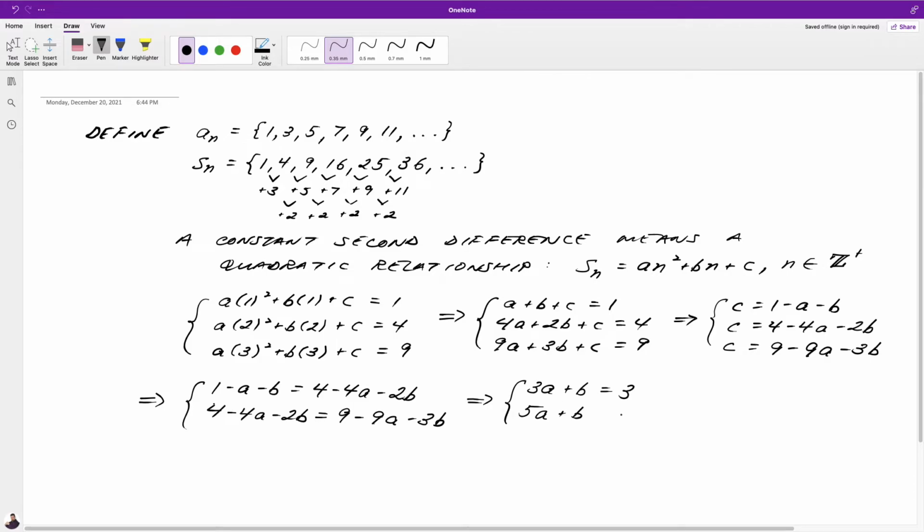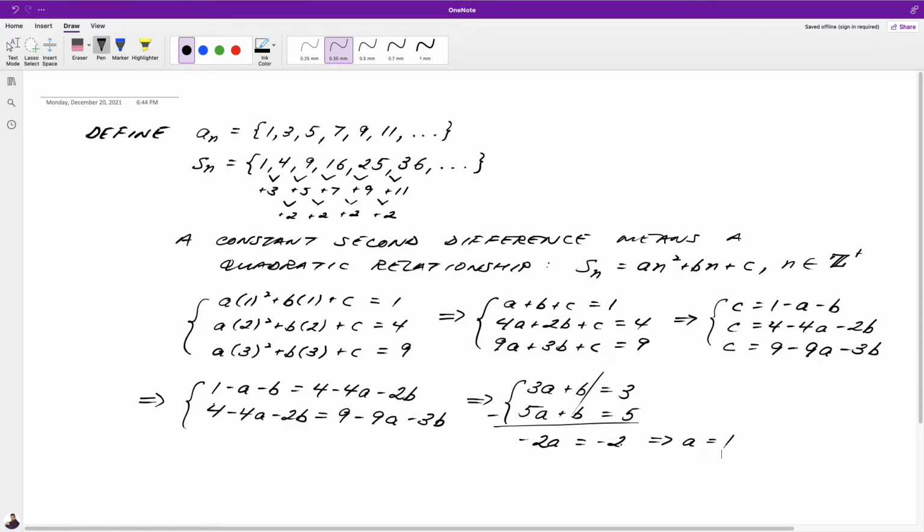And subtracting 4 from both sides, 9 minus 4 is 5. Checking that very quickly, yes, top equation is right. Bottom equation is right. So we're going to subtract using elimination. We're going to have negative 2a equals 3 minus 5, negative 2. That means obviously a equals positive 1.